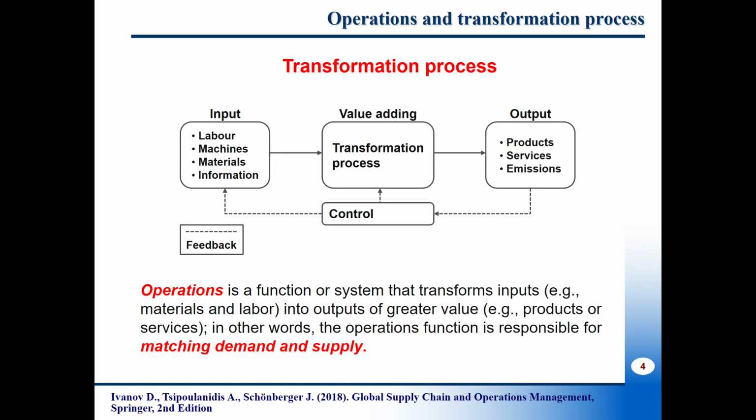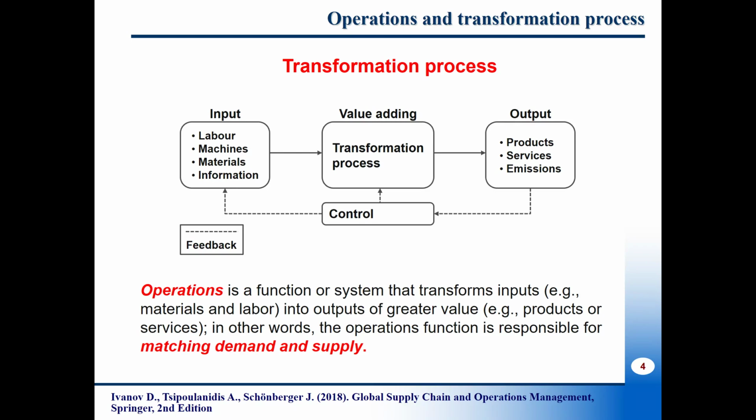For instance, if you would like to deliver oil or gas, in order to have this transformation process under control, we need some kind of control mechanism, and therefore we have dotted lines here as feedback.